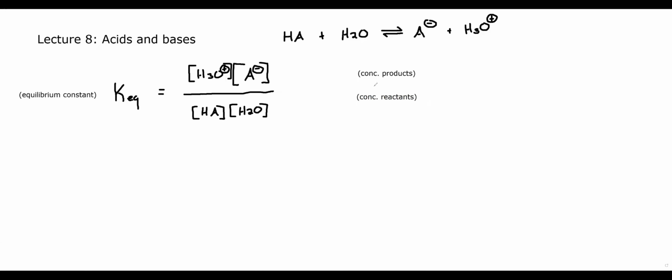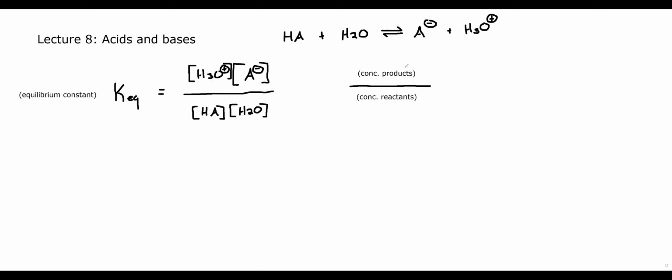So think about it intuitively. If the concentration of the products is higher, that means the forward reaction is favored. If the concentration of the reactants is higher, that means the reverse reaction is favored. So if the forward and the reverse reaction are exactly the same, KEQ should be what number?